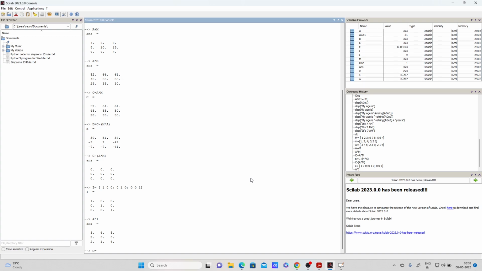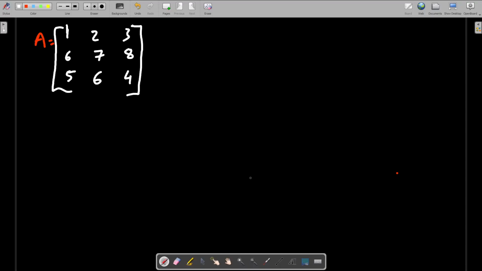Okay, so how to find the inverse over here? Simple. How do you define the inverse of a matrix? If G is the inverse of A, you write A into G becomes equal to I, right? So in other words, G is equal to I times A inverse.